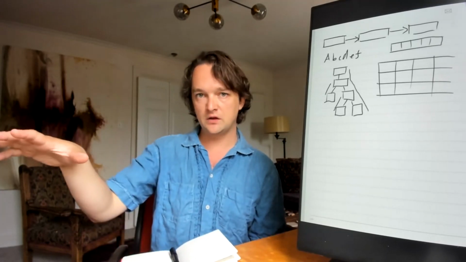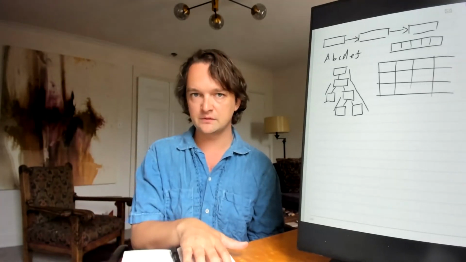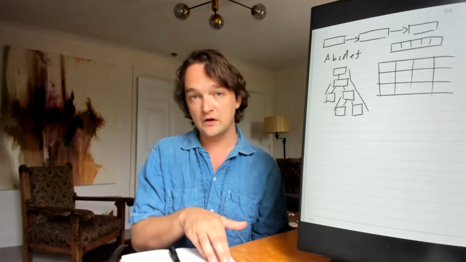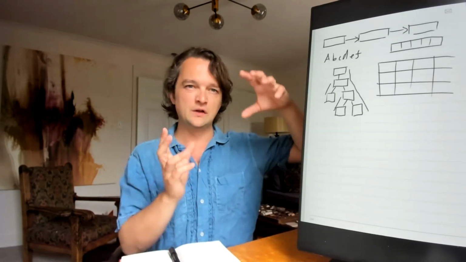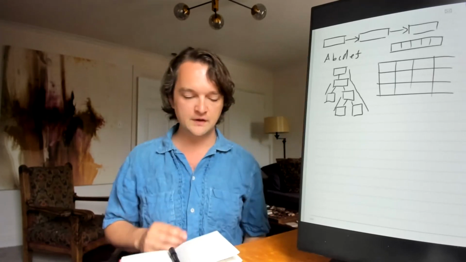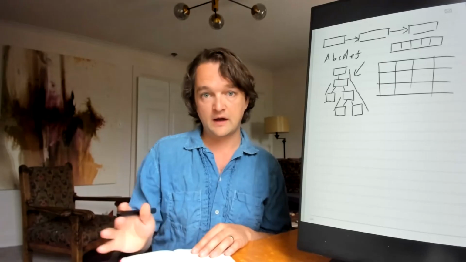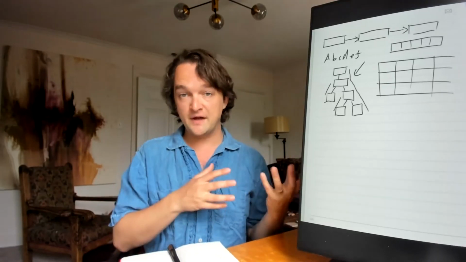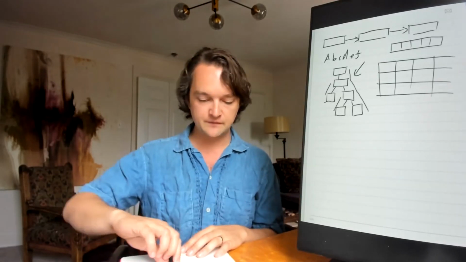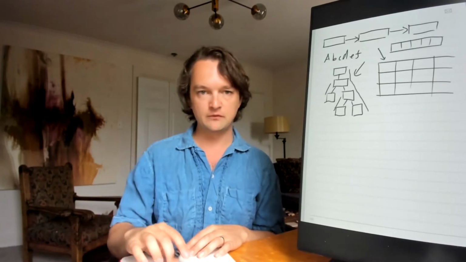Your text file in your text editor is typically just a sequence of characters. Your file system on your computer or your document structure on your web page are typically hierarchies or trees. And your relational database or your spreadsheet is typically some form of table.